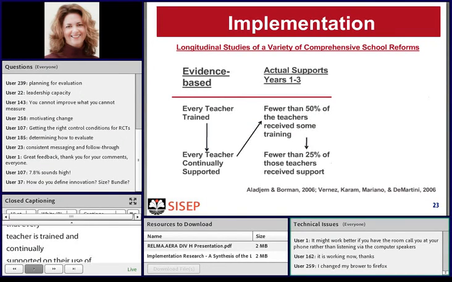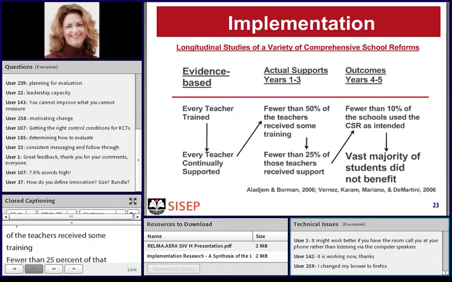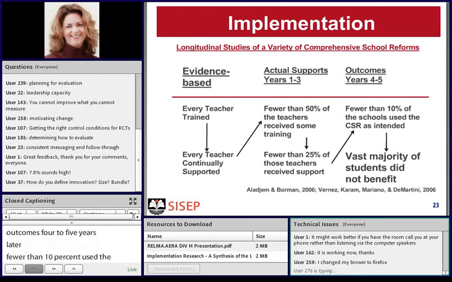When we follow up in terms of assessing their actual supports 1 to 3 years later, we find that fewer than 50% of the teachers receive some training. Fewer than 25% of that 50% receive support, and when we look at outcomes 4 to 5 years later, fewer than 10% use the comprehensive school reform as intended, and overall we see that the vast majority of students do not benefit.